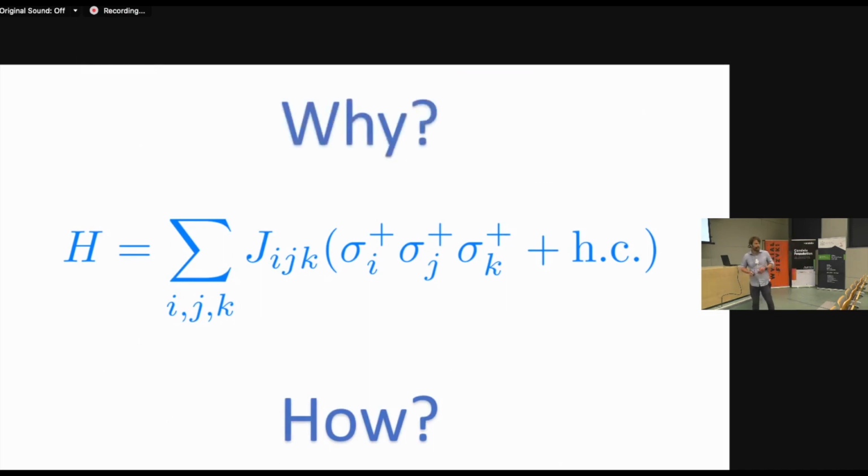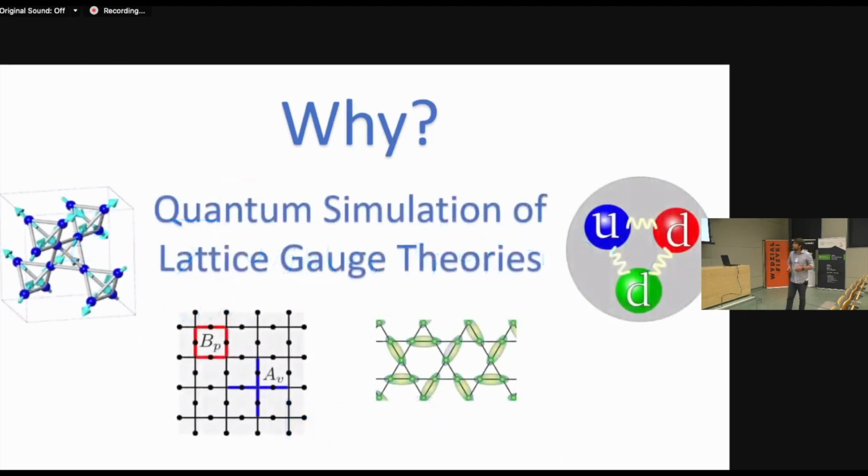I already mentioned that the interest in this Hamiltonian comes from lattice gauge theories. We can use this to build quantum simulators of lattice gauge theories, and lattice gauge theories are really very universal theories in nature.